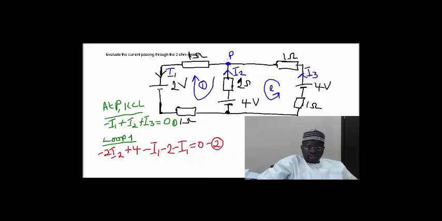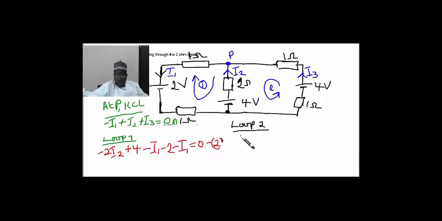So my third equation will come from loop 2. Coming to loop 2, it is going anti-clockwise. So let's start with the battery. I'm following this path, so my battery is minus 4. Then I3 into the 1 ohm resistor. The current and the loop are in the same direction, all of them upward, so it's going to be positive 1 times I3.